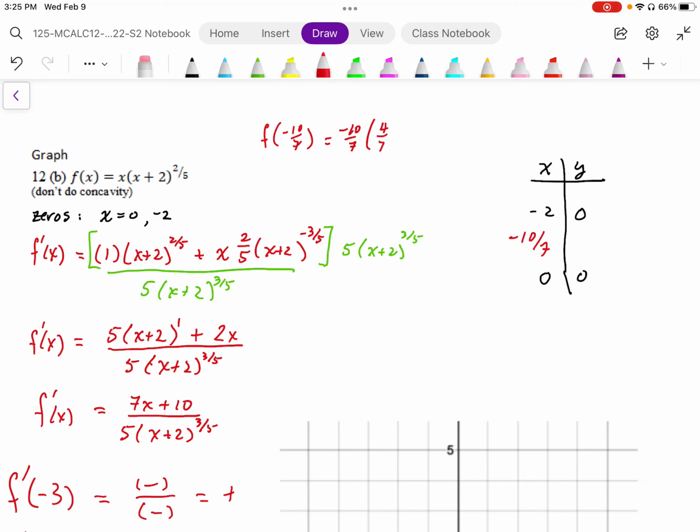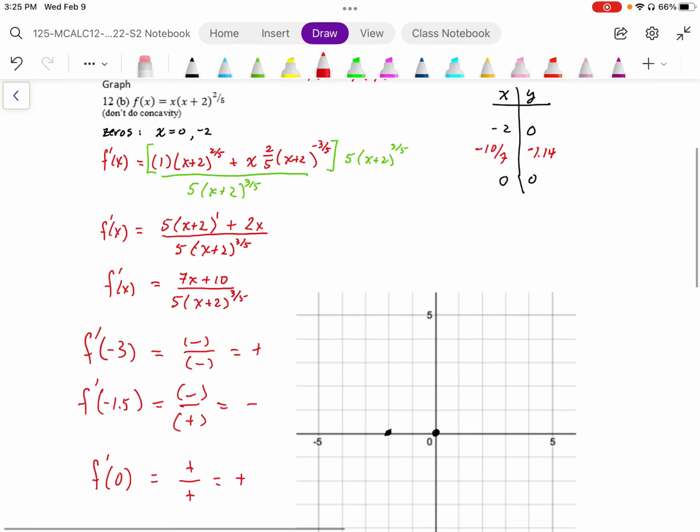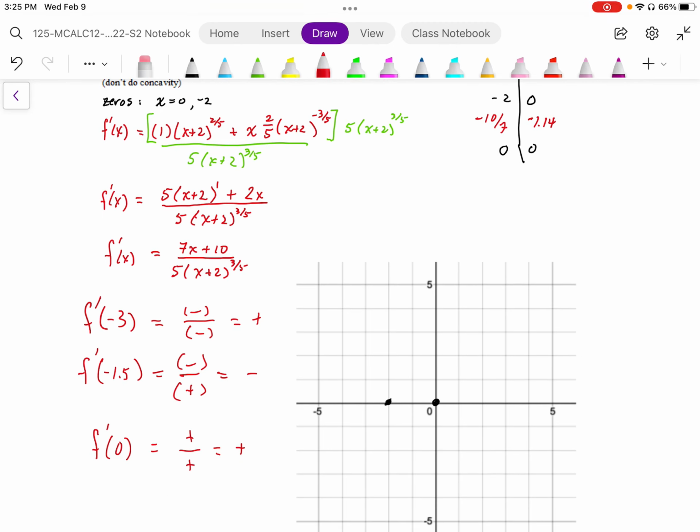That's going to be positive 4 over 7 to the 2/5, so I need to plug that into a calculator. Plugging that into my calculator, I'm going to get that the minimum point is at negative 10 over 7 and negative 1.14. I'm going to round that to negative 1.14. So I can draw that coordinate in, right about here. Okay, so there's my minimum point.